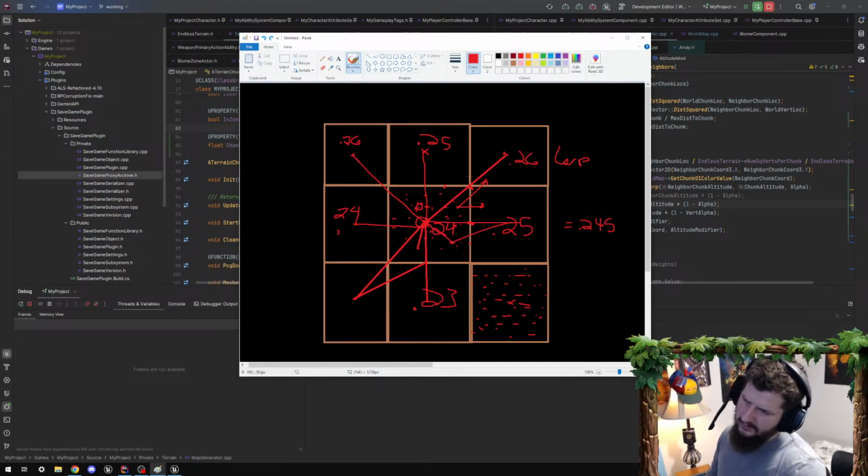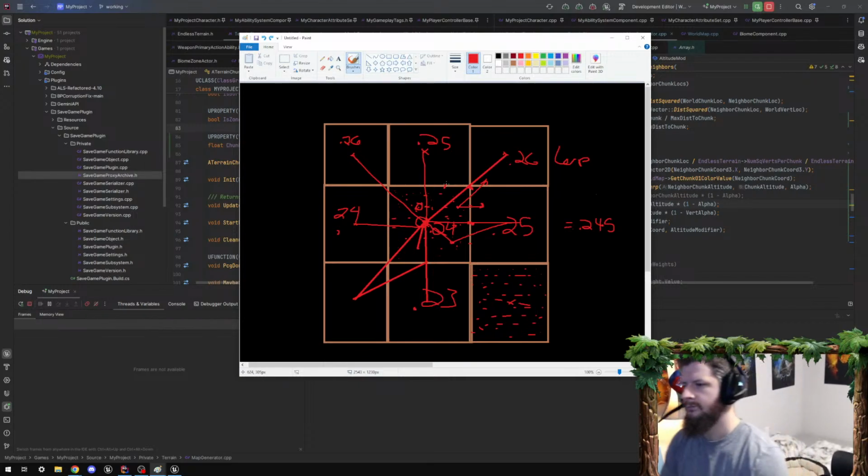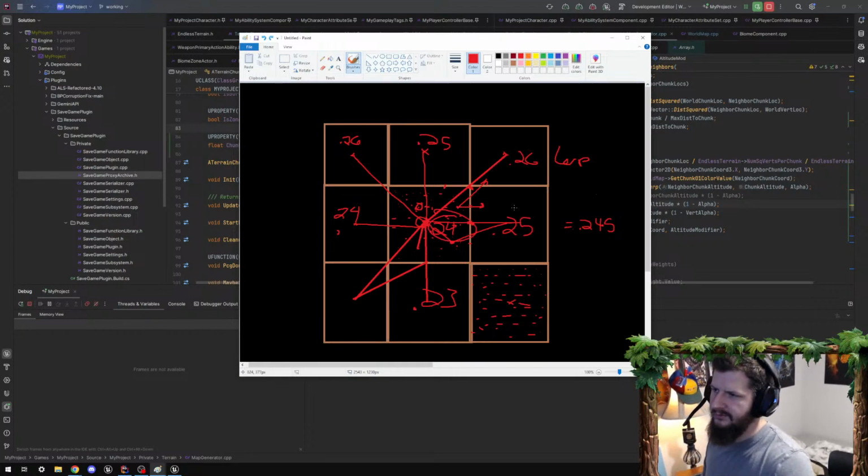And then that would give me 0.5, or it should. And so I would want 0.5 of this number if I'm right there. And really, the corner point should only be half of this and half of that, which is 0.25. So that would be 0.12 plus 0.13, which is 0.25. That would be the same thing as lerping based on the distance.